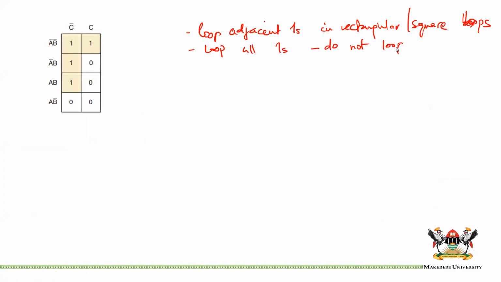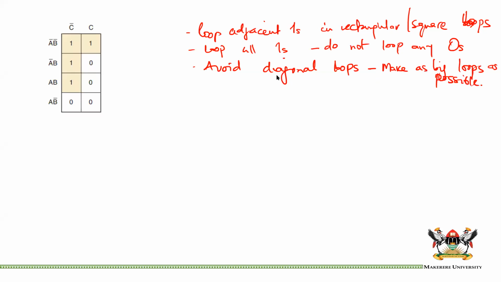4, avoid diagonal loops. In fact, it is not avoid, they are banned, they are not allowed. 5, make loops as big as possible, and so on and so forth.